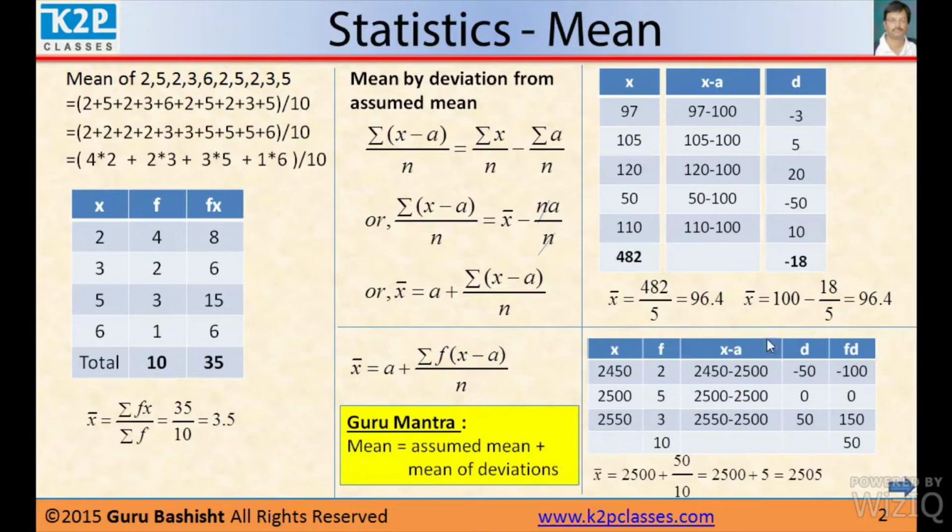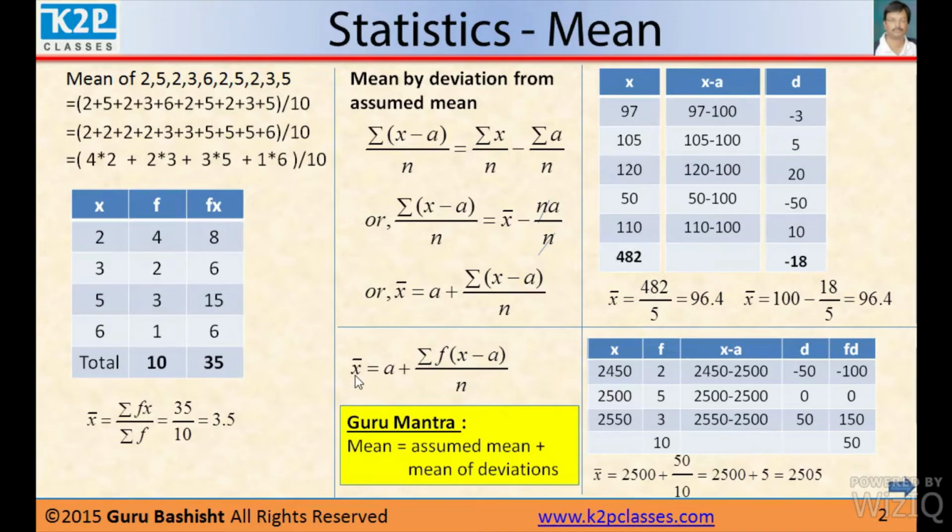Now let us see that x equal to this and the frequency is 2, 5, 3. We will assume that the mean is 2500. So d equals minus 50, 0 and 50. Then fd, f into (x minus a), is minus 100, 0, 100. If you add, it becomes 50.